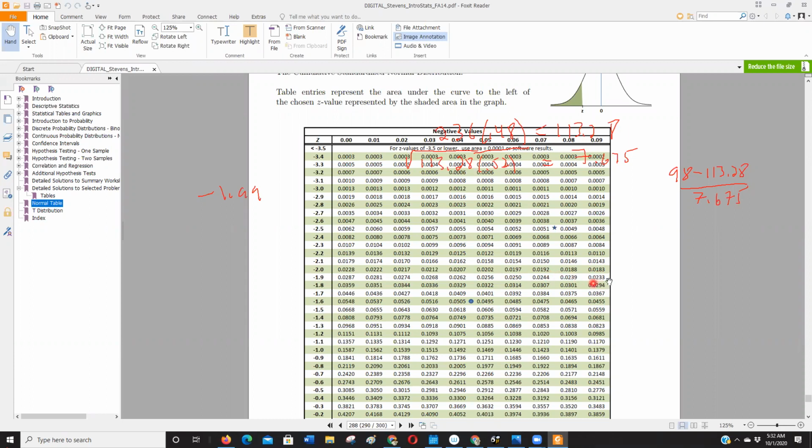So the probability to the left of that is 0.0233. Definitely unusual. I know that's not quite negative 2, but it's a normal curve, so the probability of getting 98 people or fewer who are satisfied with their job is 0.0233, or 2.33% if you want to express it as a percent.